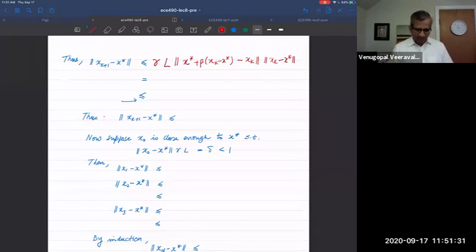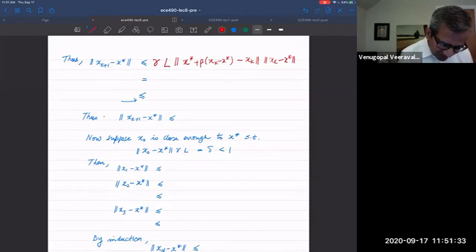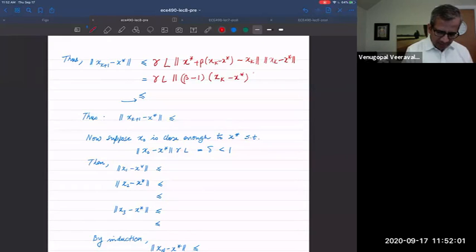Now, if you look at this difference between these two quantities, you'll see there's a beta xk and minus xk, and then the beta x star and x star. Put those together, you get gamma times L times (beta minus 1) times (xk minus x star), and then the other xk minus x star remains.